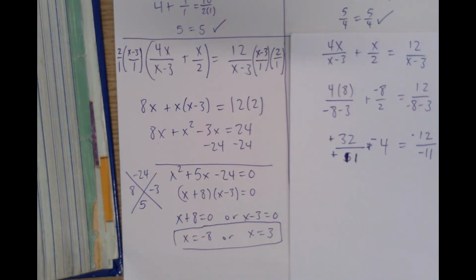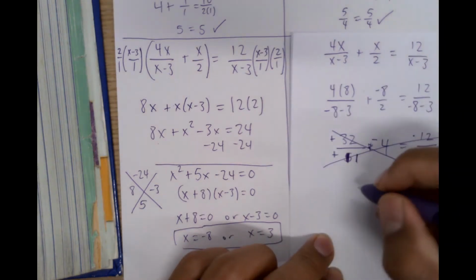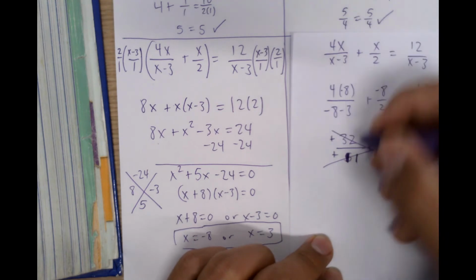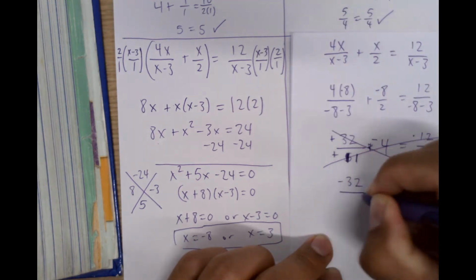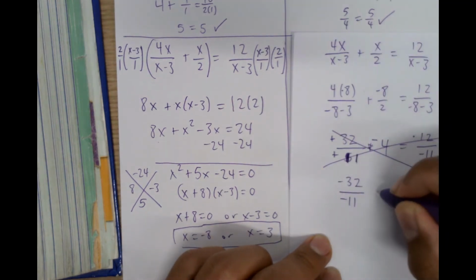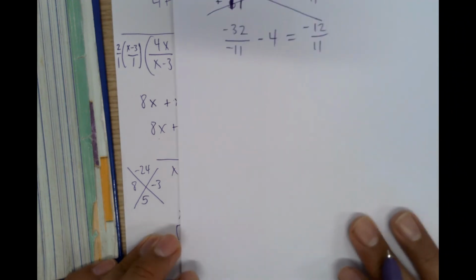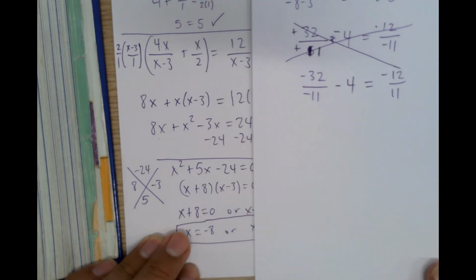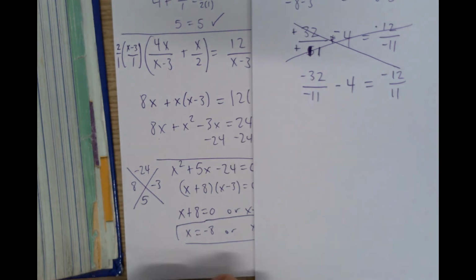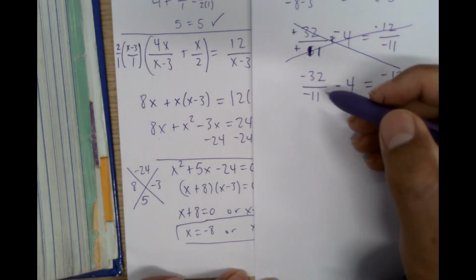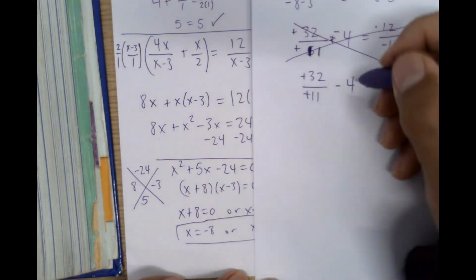Okay. Sorry, let me rewrite this because this is so messy. So this would be negative 32 over negative 11 minus 4 equals negative 12 over 11. Okay. So this negative 32 over negative 11 turns to plus, and I want to make this the same like term.